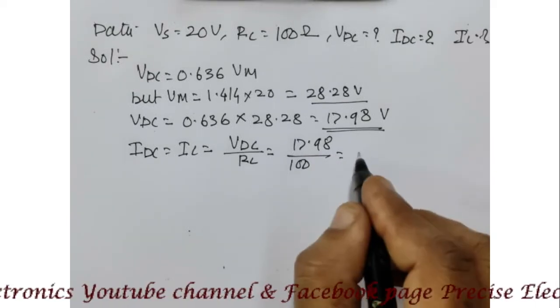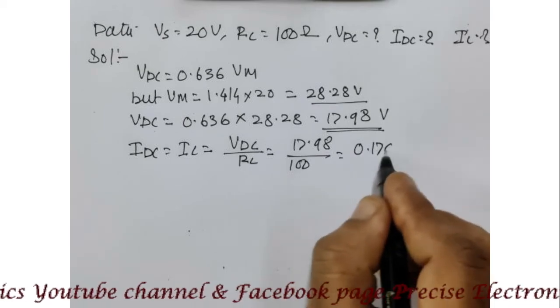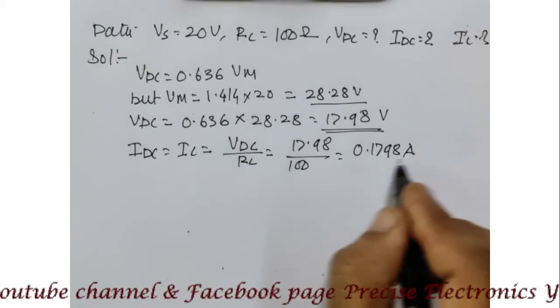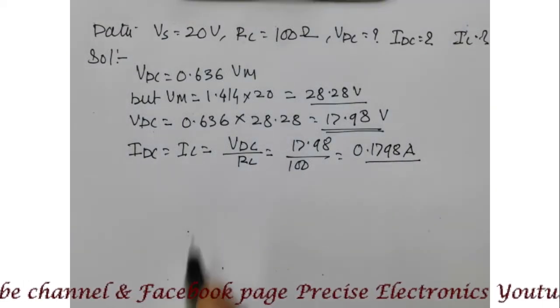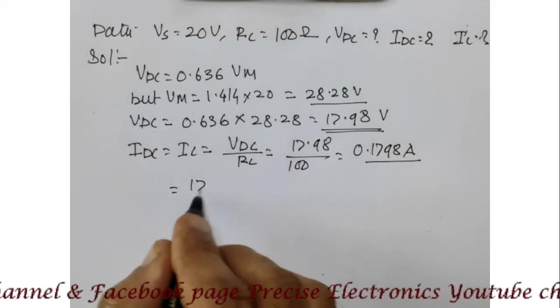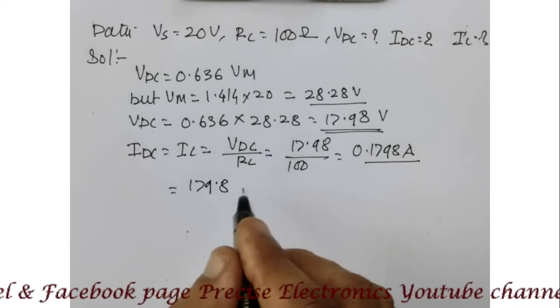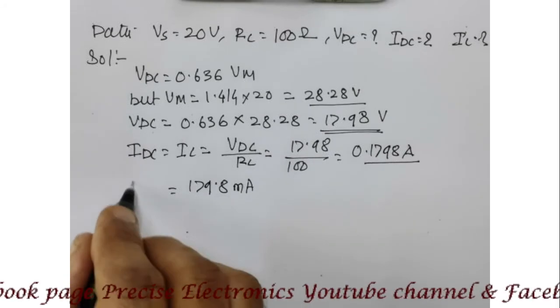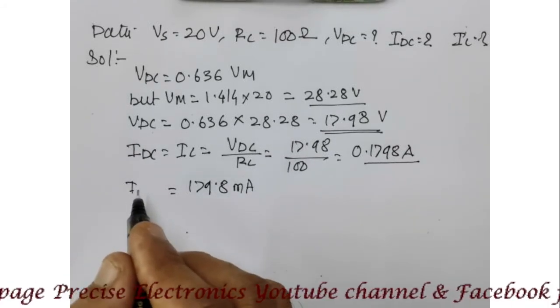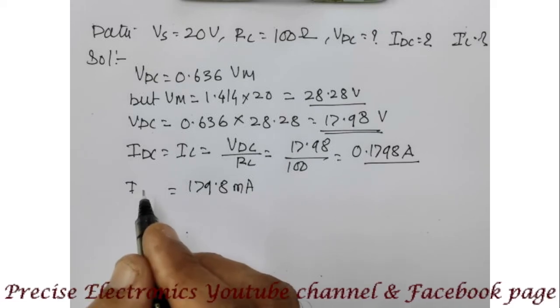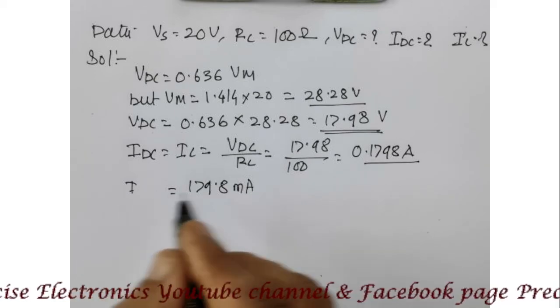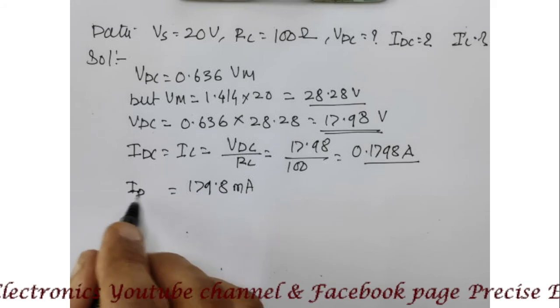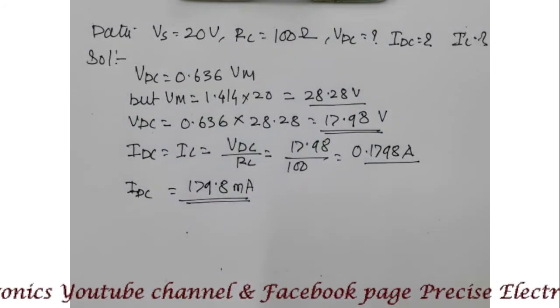So it is 0.1798 ampere, which is equal to 179.8 milliampere. So IDC is equal to 179.8 milliampere. That is our second answer.